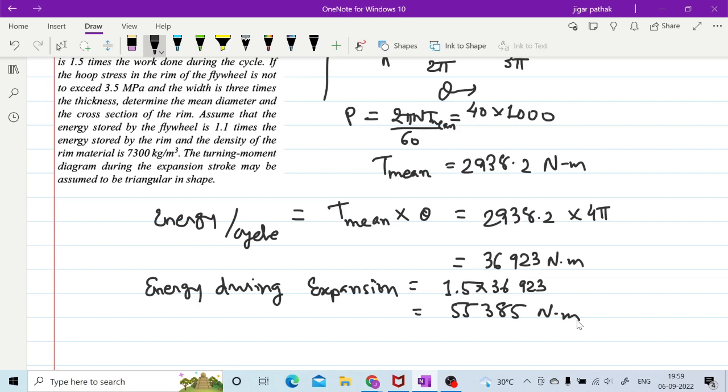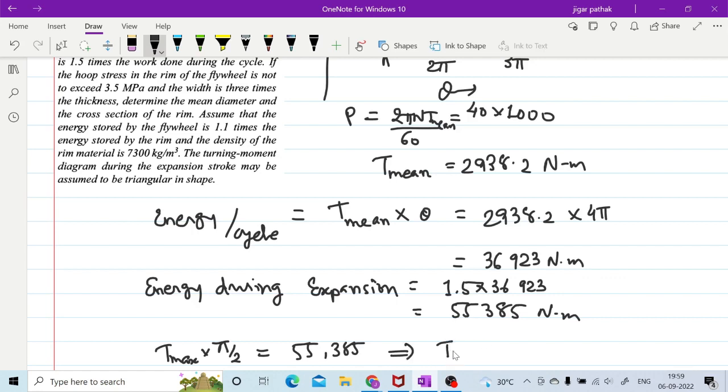Now T max into theta will be your maximum fluctuation. So T max into theta, that is pi by 2, will be equal to this energy you have calculated. It will give you T max.